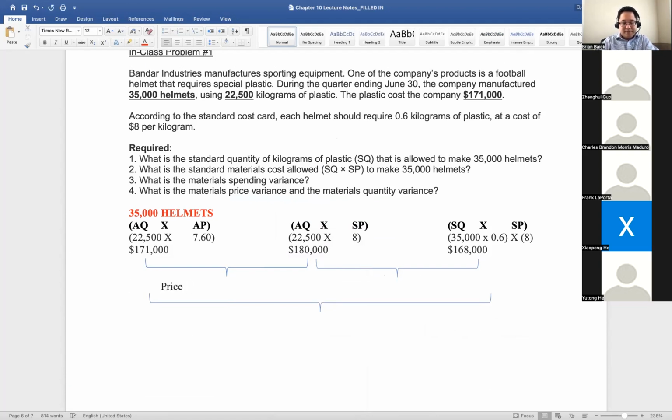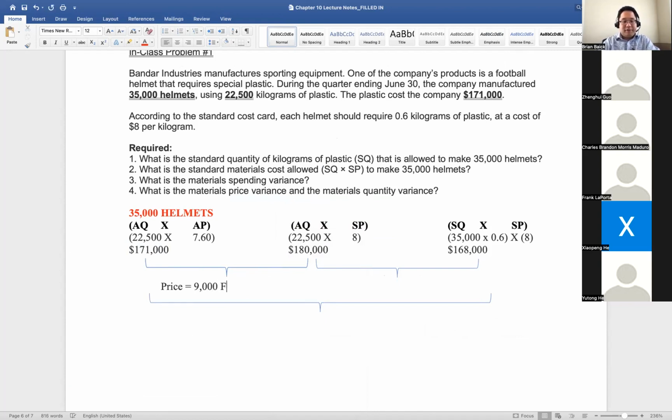Price variance: 171,000 minus 180,000 is a negative number. Don't ever put a negative number, just put the number and the letter. So this is 9,000.